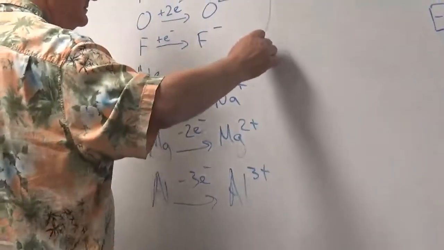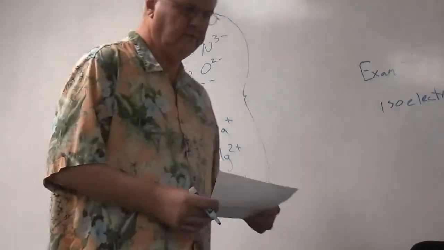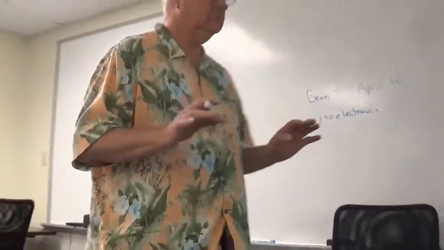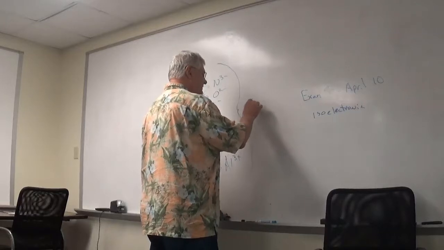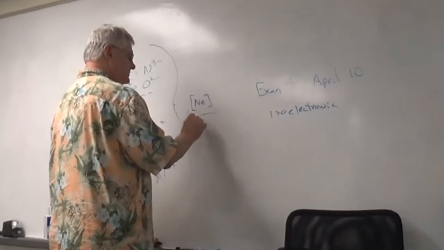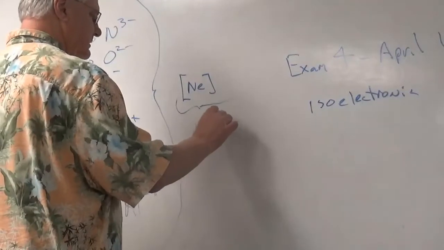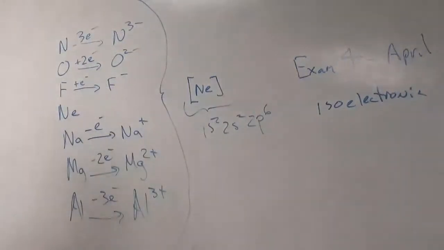And all of these species here have the same electron configuration. They're all isoelectronic. They all have the same electron configuration as a neon atom, which of course is 1s2, 2s2, 2p6. Okay?